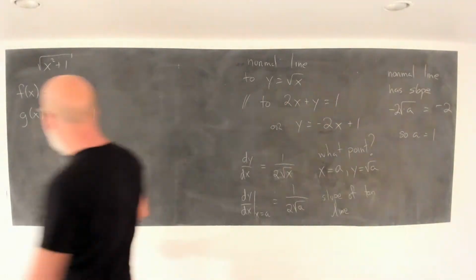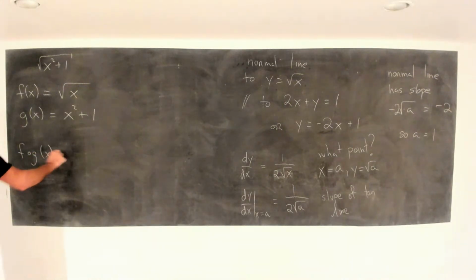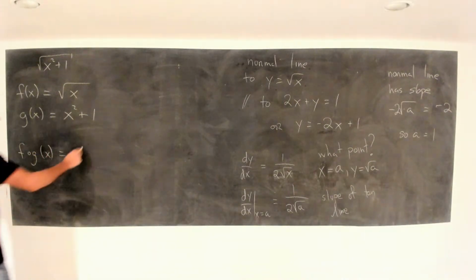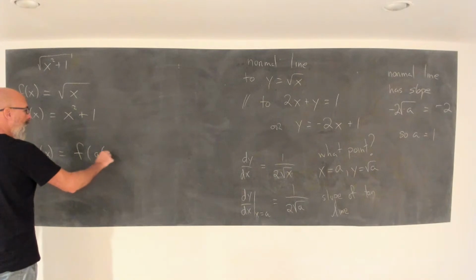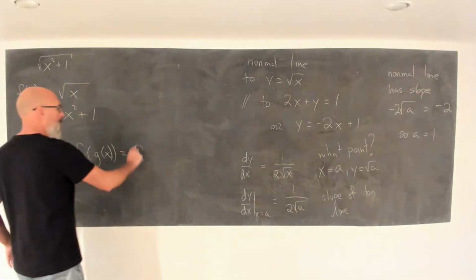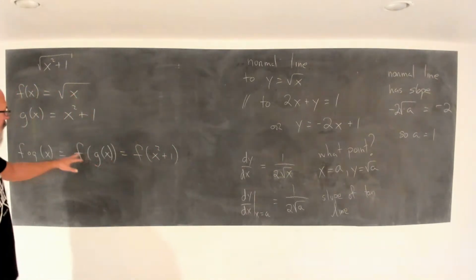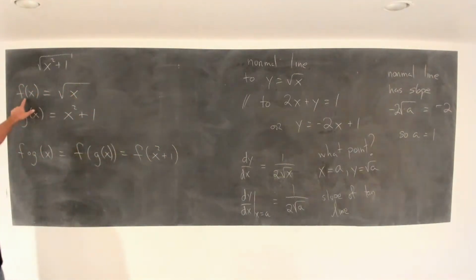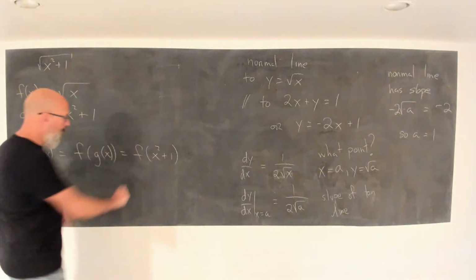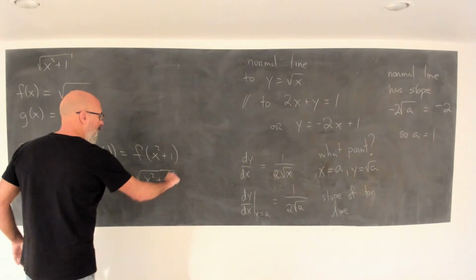If we take the composition, f of g, which is f of g of x, g of x is x squared plus 1. So everywhere you see an x in your function f, you replace it with x squared plus 1, and we get the original function.